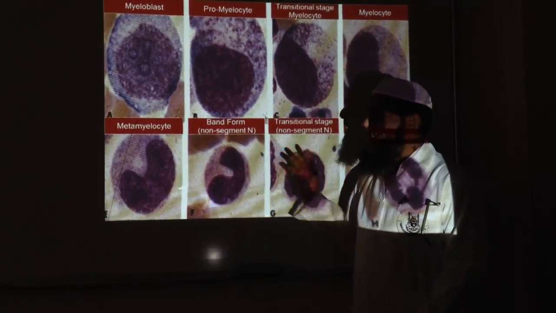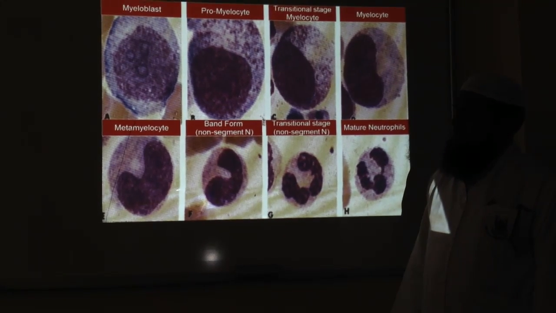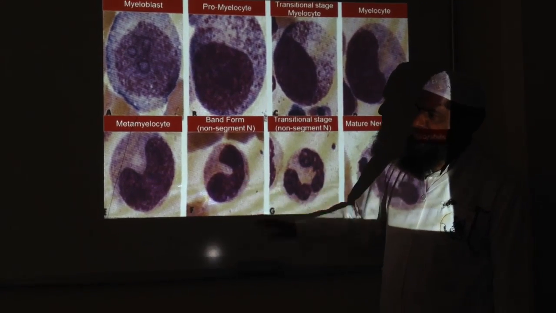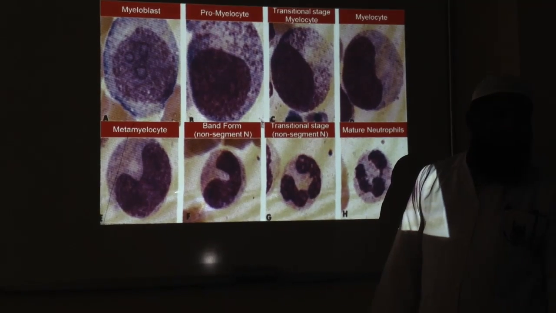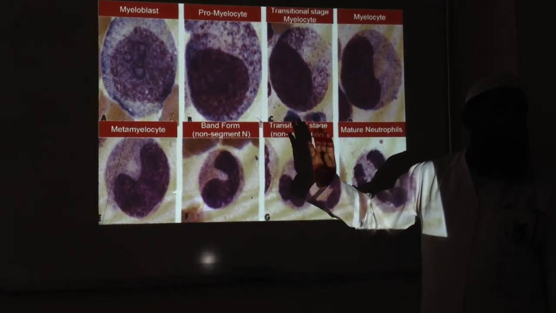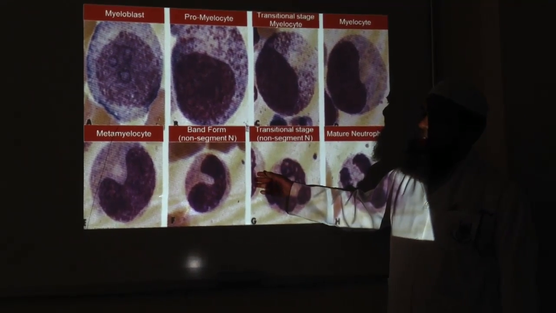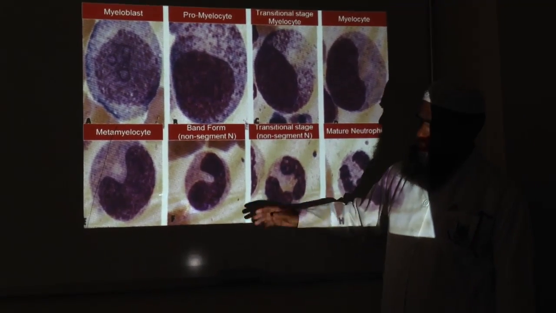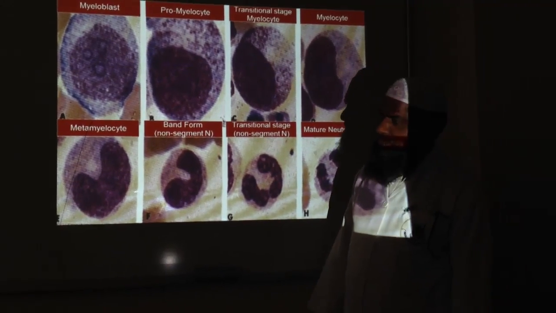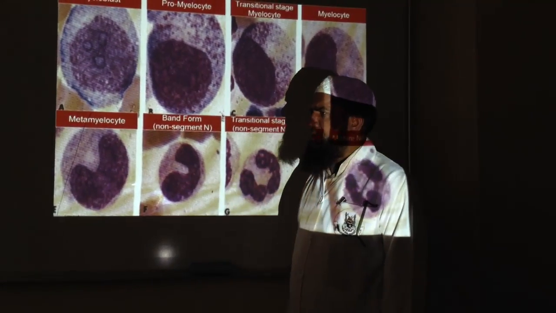These are also coming into the peripheral blood. So this is shift to the left. Clear? This is a benign condition, not cancer, in response to some severe infection or hemorrhage or some other condition. Clear? Shift to the left.